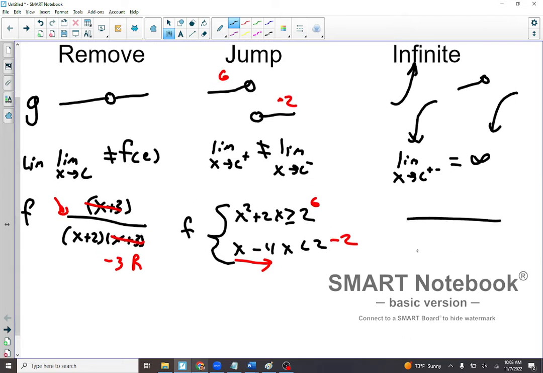In a function, you can see that if you use the example from earlier, x plus 3 and x plus 2 on the bottom, and x plus 2 and x plus 3 on top. In this equation, the x plus 3 would be a removed discontinuity, while here we have a denominator that, as we get closer and closer, will cause it to be 0 at -2.